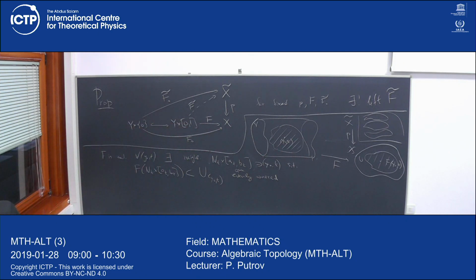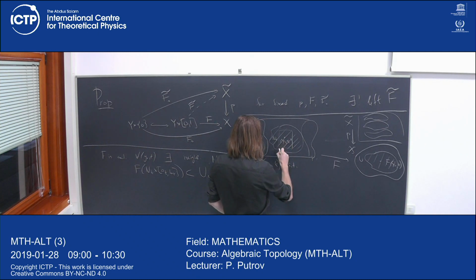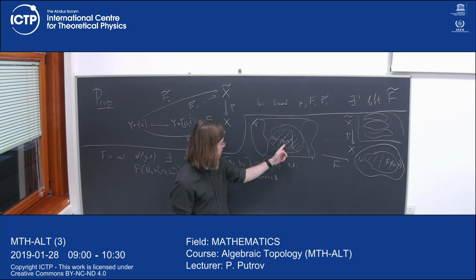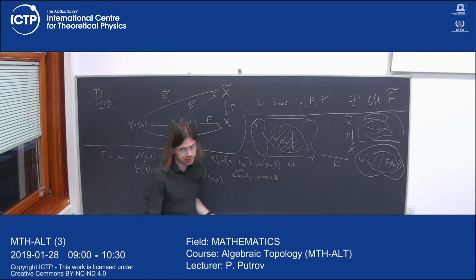And by the definition of the product topology, in this neighborhood one can always choose a smaller neighborhood, which will be of the form of the product of a neighborhood N_t times a closed interval [a_t, b_t]. Even if it's an open interval, we can always choose a smaller closed interval.